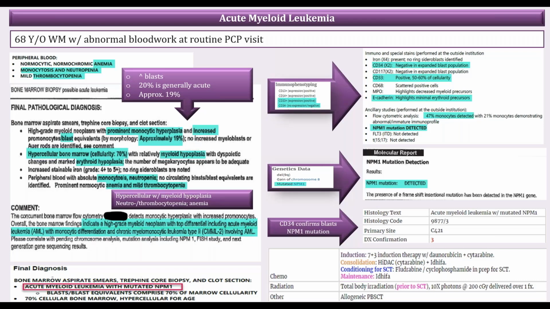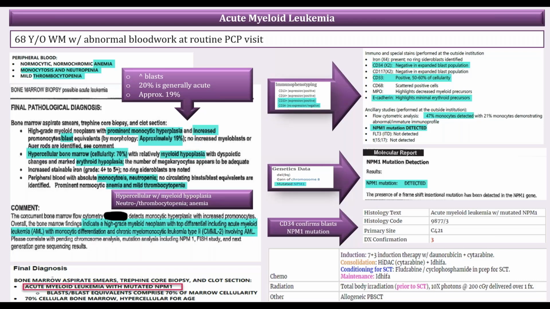The bone marrow shows high-grade myeloid neoplasm with prominent monocytic hyperplasia and increased blasts at approximately 19%. Remember, we're typically looking for around 20% blasts, give or take, indicating an acute leukemia. The marrow is hypercellular at 70% with myeloid and erythroid hypoplasia.